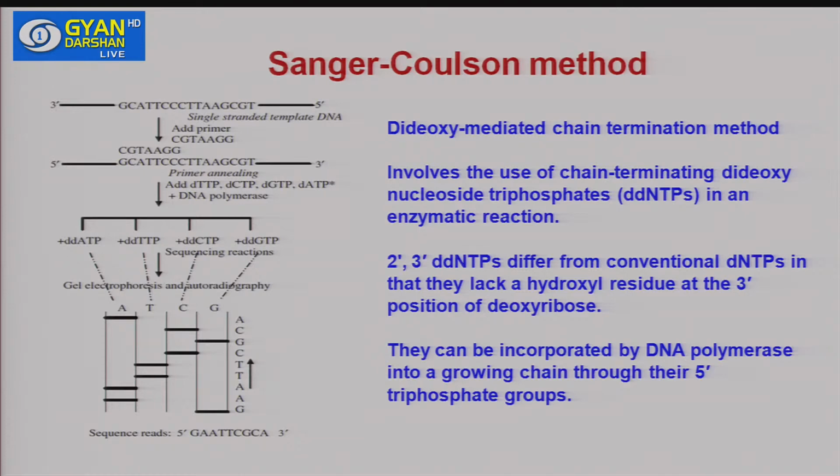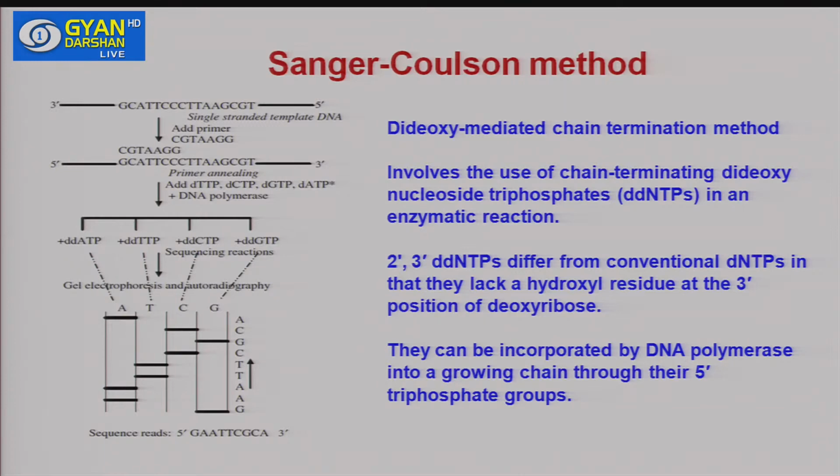Now, what is the difference between ddNTP and dNTPs? The ddNTPs differ from dNTPs in that they lack a hydroxyl residue at the 3' position of the deoxyribose. So they can be incorporated by DNA polymerase into a growing chain through their 5' triphosphate groups.